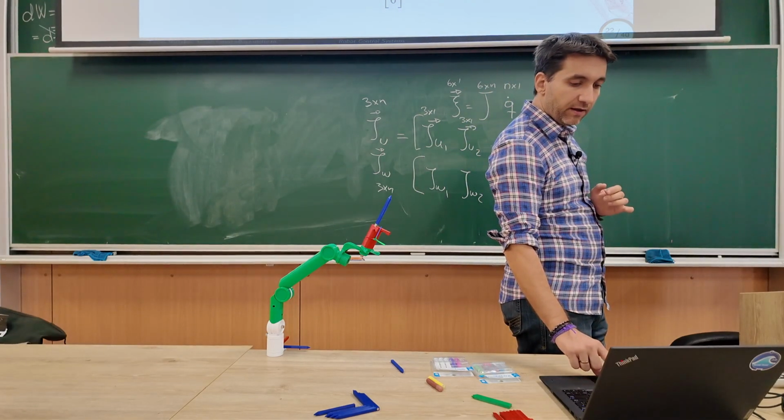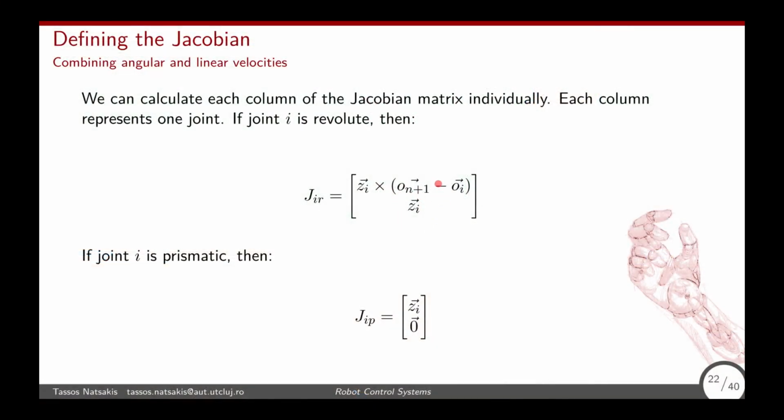And for the angular part, it will be the orientation of the joint, the axis of orientation. And if the joint is a prismatic joint, then I will have a slightly simpler form. For the linear part, it will be the axis of translation, and below it will be a vector of zeros. Again, this is 3 zeros basically.